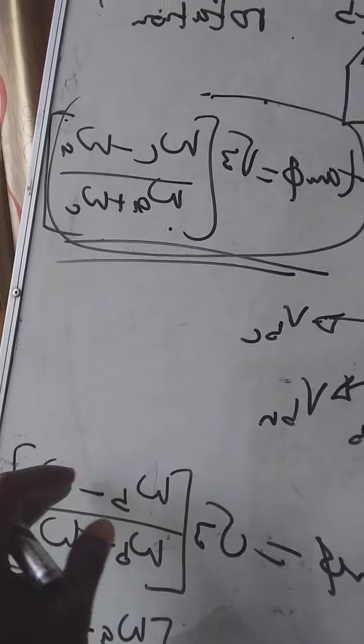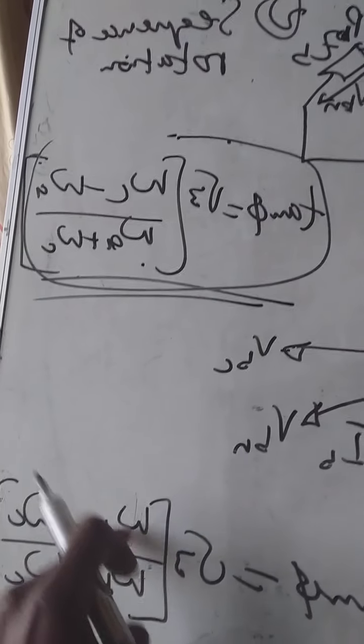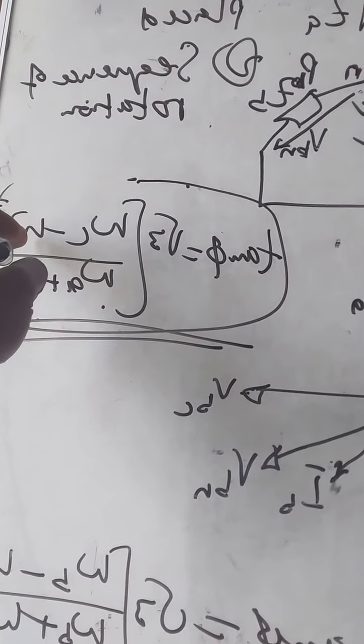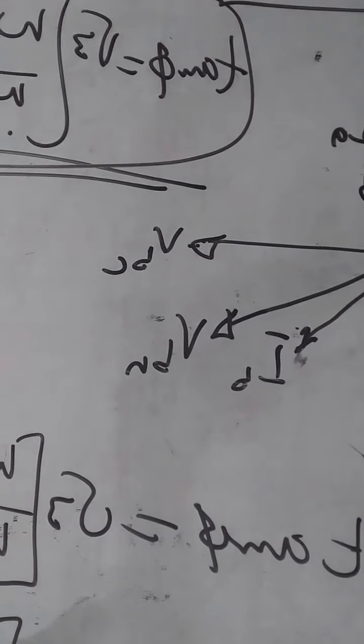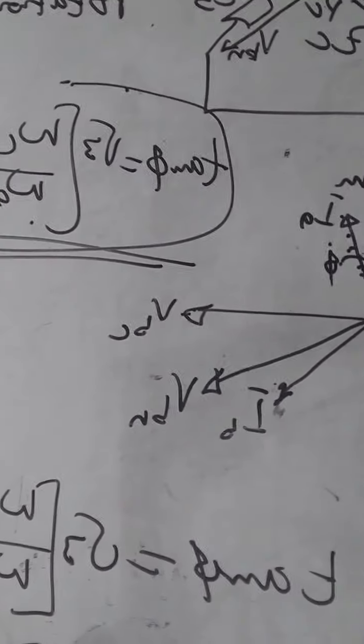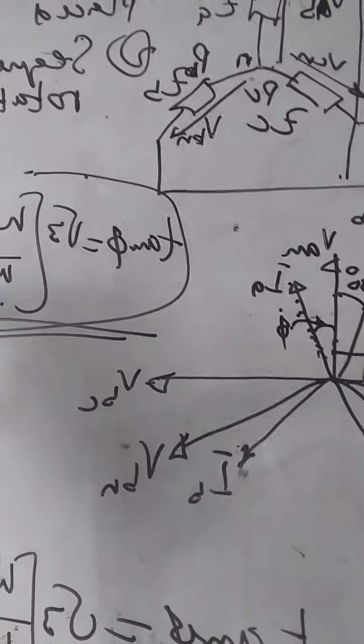If it is negative sequence, it will be WC minus WB. If it is negative sequence, it will be WA minus WC. That is just the difference. If it's a negative sequence, it will be WB minus WA. Right? So the denominator doesn't change. The sum will remain.